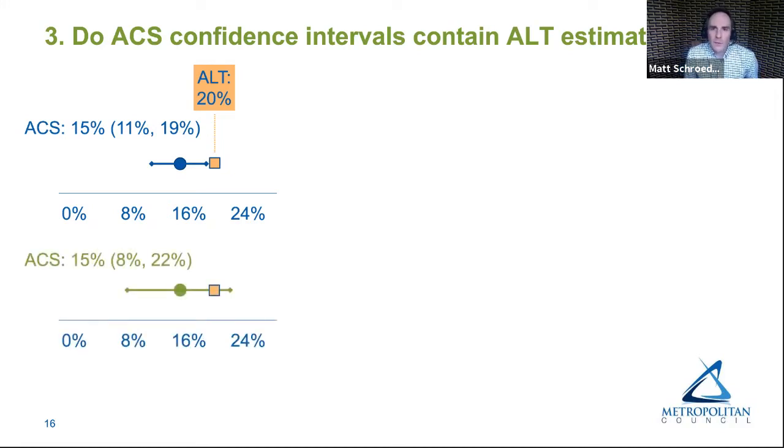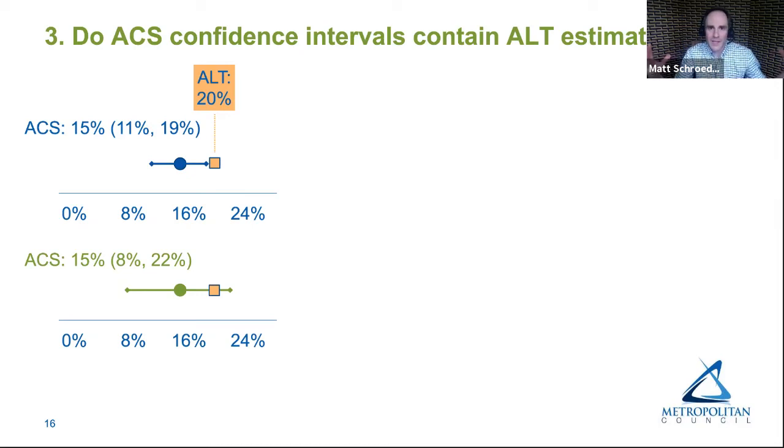We could also imagine a different census tract with the same estimate of 15%, but more sampling error, less reliability. So this would contain the alternative estimate. Ideally, the confidence intervals containing the alternative estimates obviously would be better to get those differences closer together.